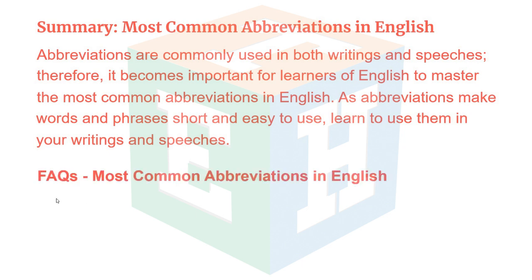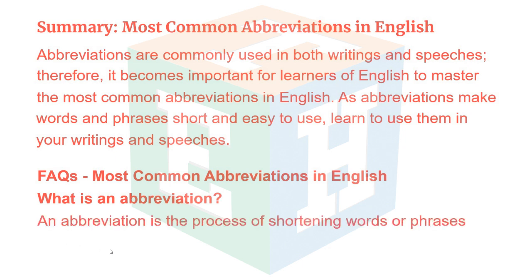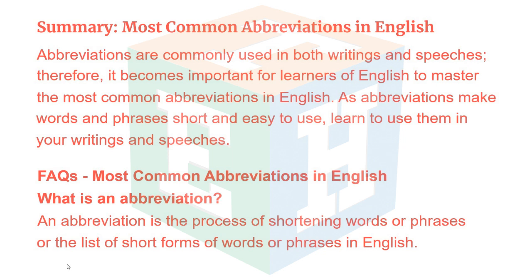Facts or frequently asked questions. What is an abbreviation? An abbreviation is the process of shortening words or phrases or the list of short forms of words or phrases in English.